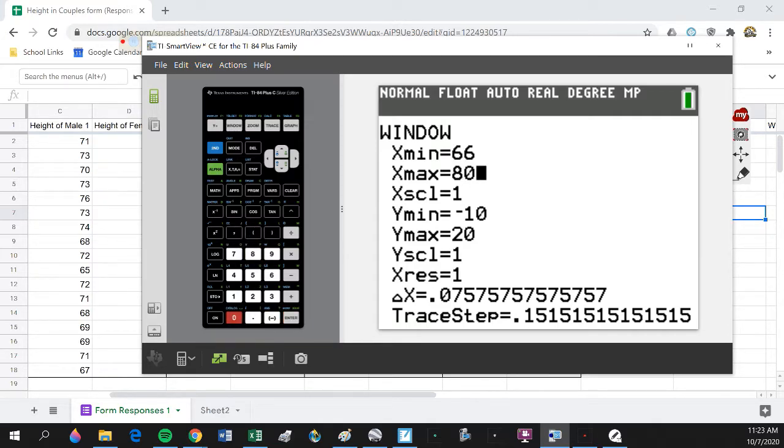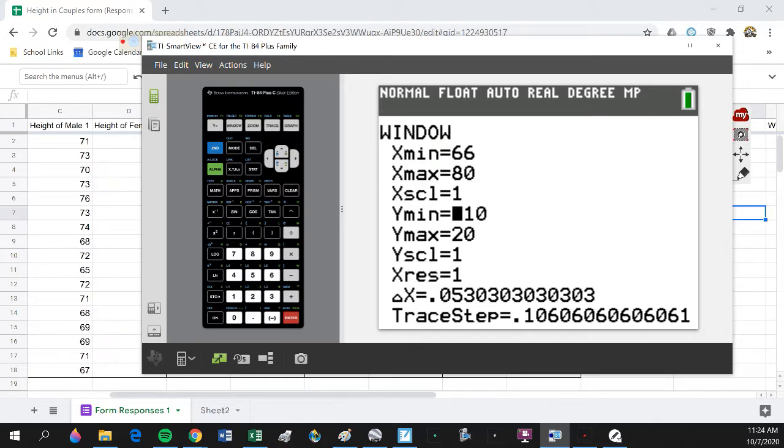Because we want to be smaller than the smallest and bigger than the biggest. And then what should we count by? 1 is probably okay, because your calculator can only have about 20 dots. If you have more than 20 on either axis, it gets kind of tight. So this would be a window of 14. So that's fine. So we'll count by ones.